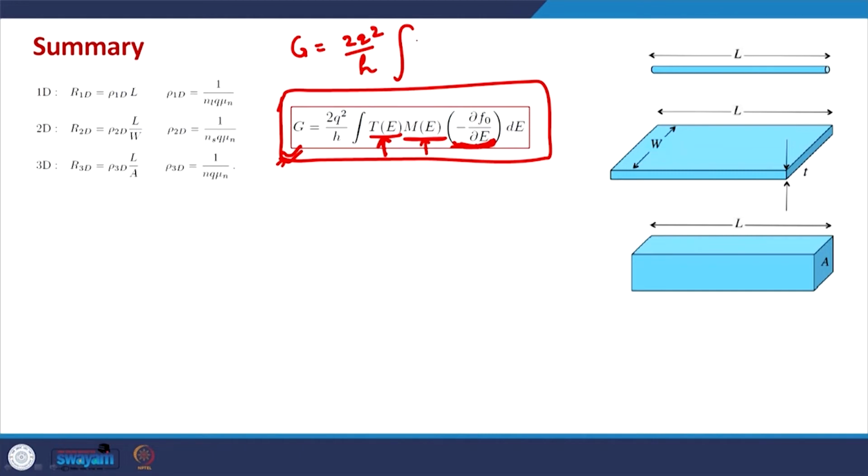Okay. So, just to quickly review, this is how it looks like: T(E) times minus del F by del E into dE.